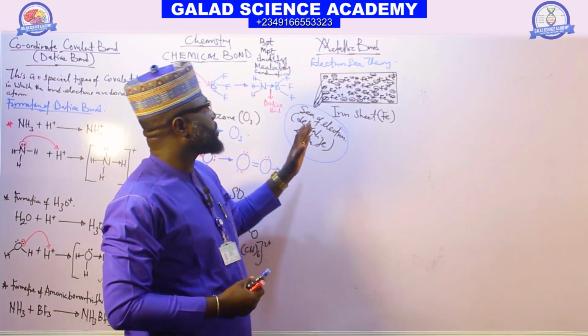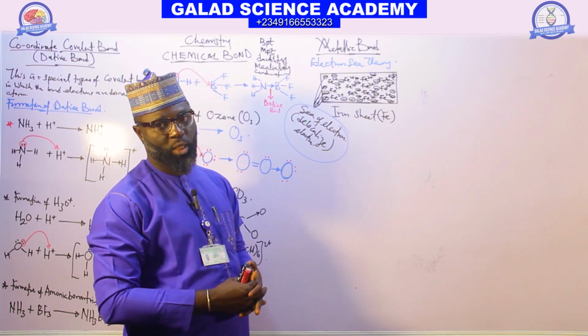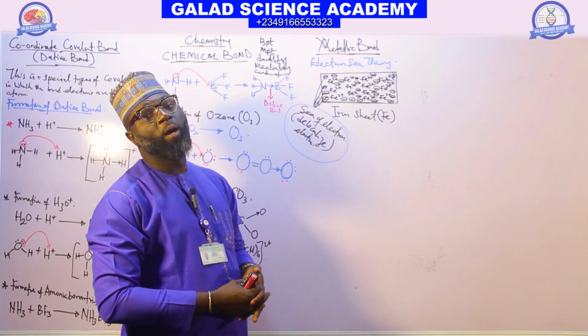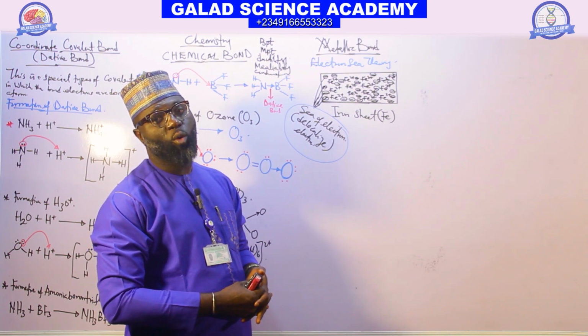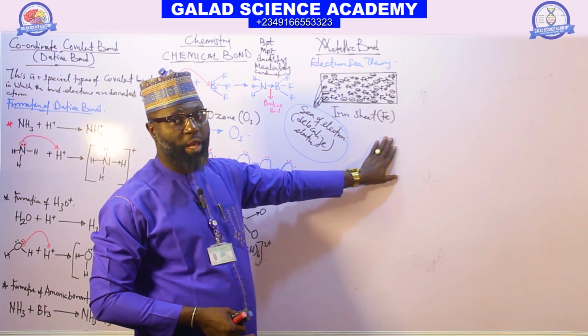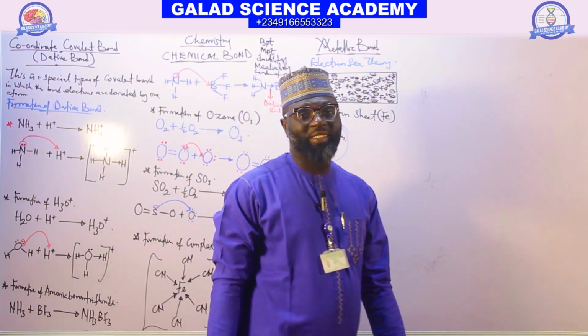That is the metallic bond. And the metallic bond is the weakest bond among all the intramolecular bonds.